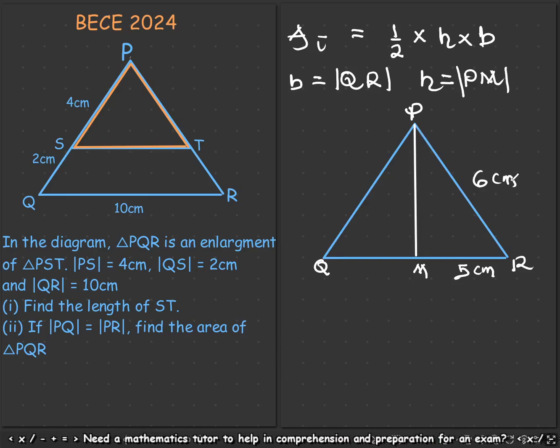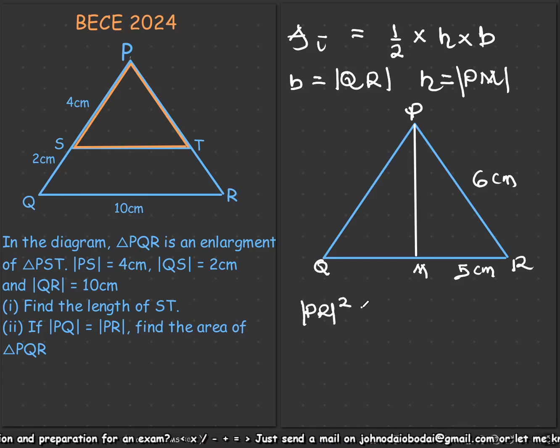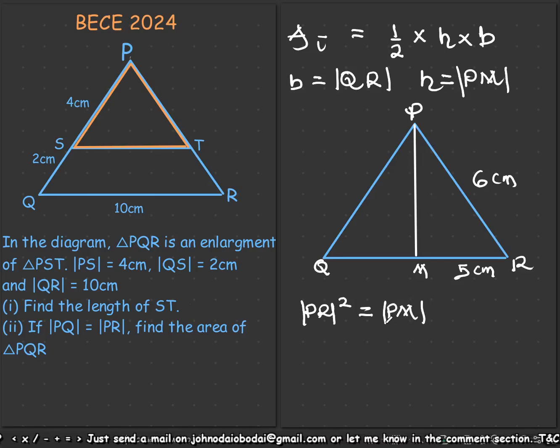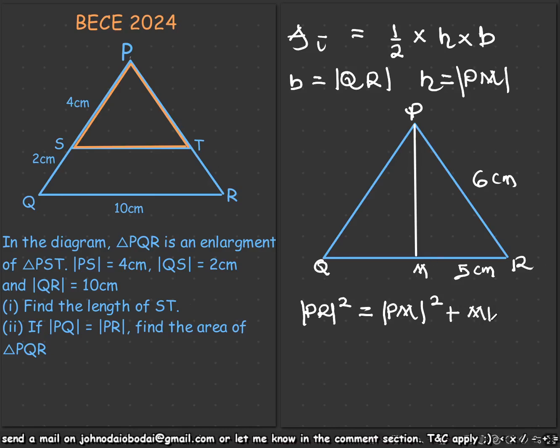So we know that the hypotenuse squared, that is H squared, or in this case, since it is PR, let's just use our PR. So PR squared, using the Pythagoras theorem, is equal to PM all squared plus MR all squared.